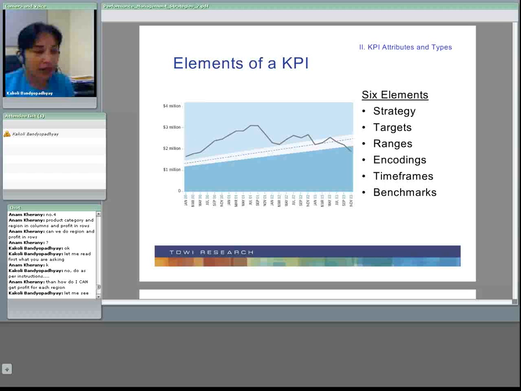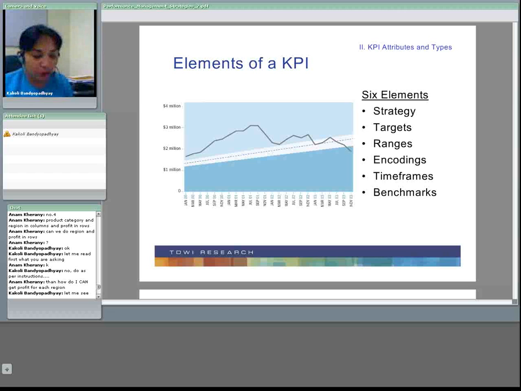Then targets. KPIs measure performance against specific targets. For example, 10% growth in net revenue by year end. Okay, that's a specific target. Ranges. Targets have performance ranges. For example, above target, below target, on target. Okay, encodings. Encodings are ranges that are encoded in software, enabling the visual display of performance.